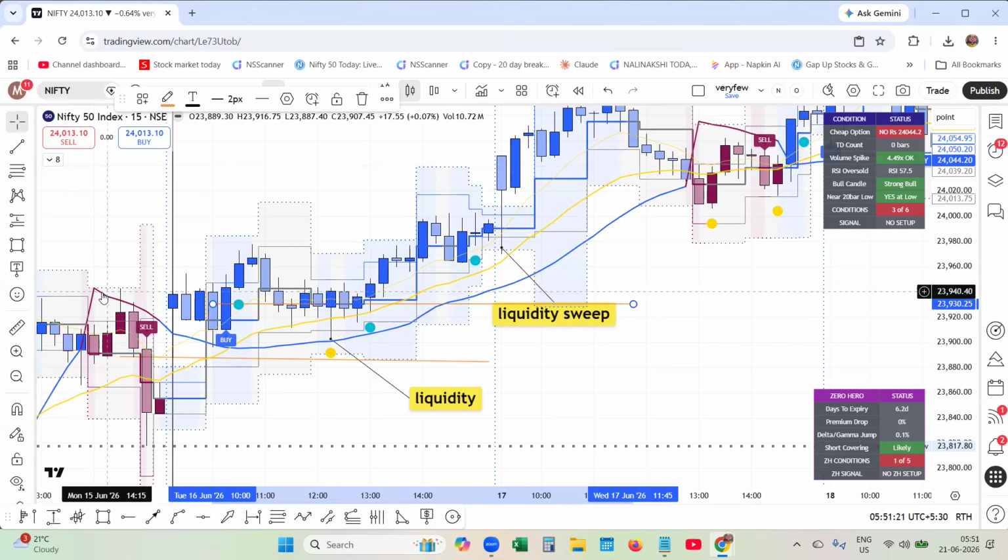Gann HiLo transition means Gann HiLo was magenta, it transitioned to blue. Many liquidity sweeps become obvious when price briefly violates structure and then returns back into range.